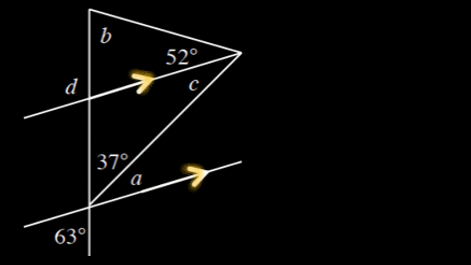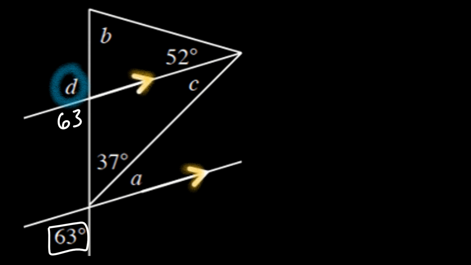I know that angle D, this angle, and 63 have to be the same. Nope, they don't have to be the same. They're not corresponding. Those two would have to be same side exterior angles. They have to be supplementary. This angle right here would have to be 63 because this angle corresponds to the 63.